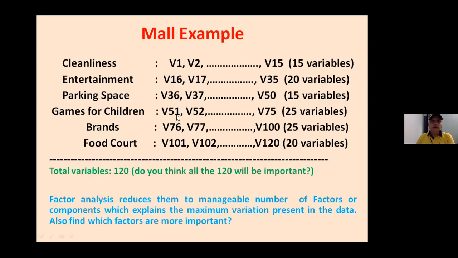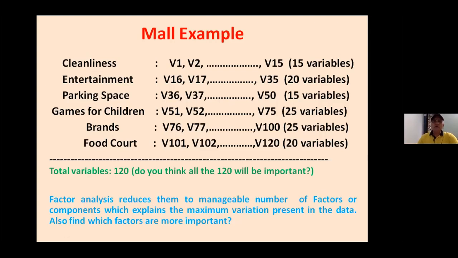It may be related to games for children. Some variables are picked up from somewhere, right? And let's say there are 12 variables which have been picked up, and it explains 30%. So first we have 8. Next, second factor we have 12. So 20 variables are explaining 70% of the variation present in your data, right?